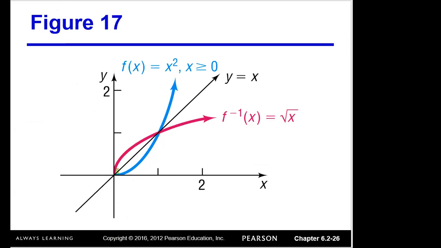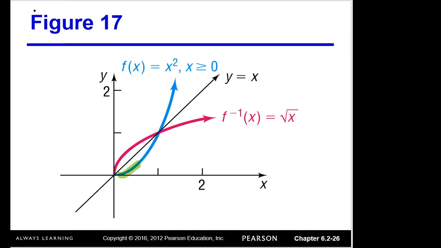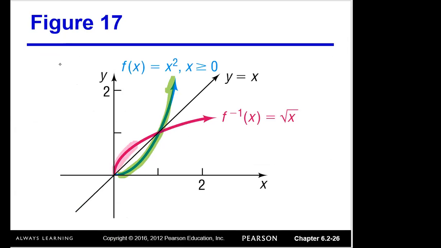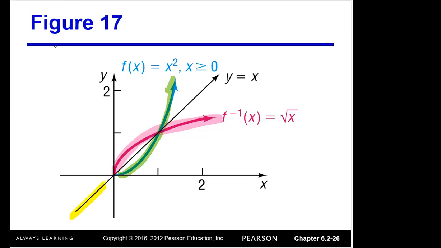This was the original here. There you go. And now they've got the inverse, which is the square root, and that graph looks like this. And of course, that is in quadrant 1, and this line goes through it. That's y equals x, and you can see that it's a mirror image around that line.